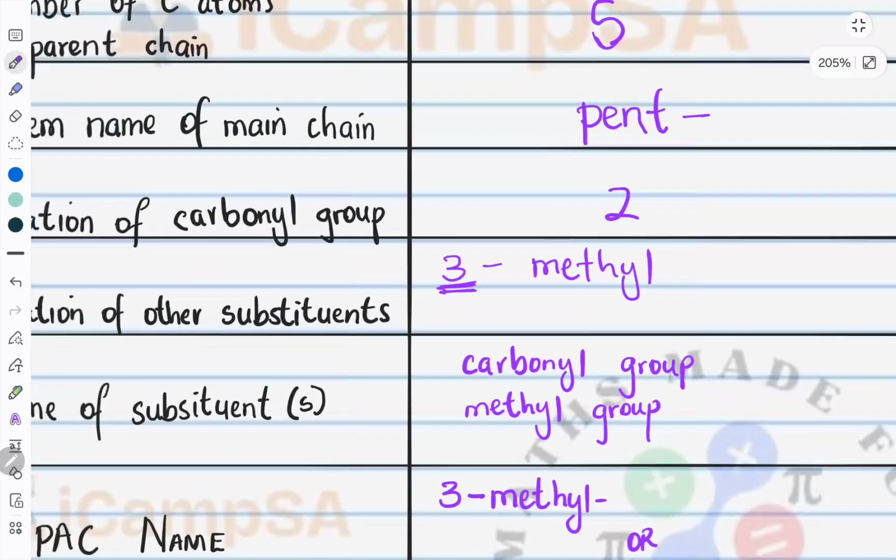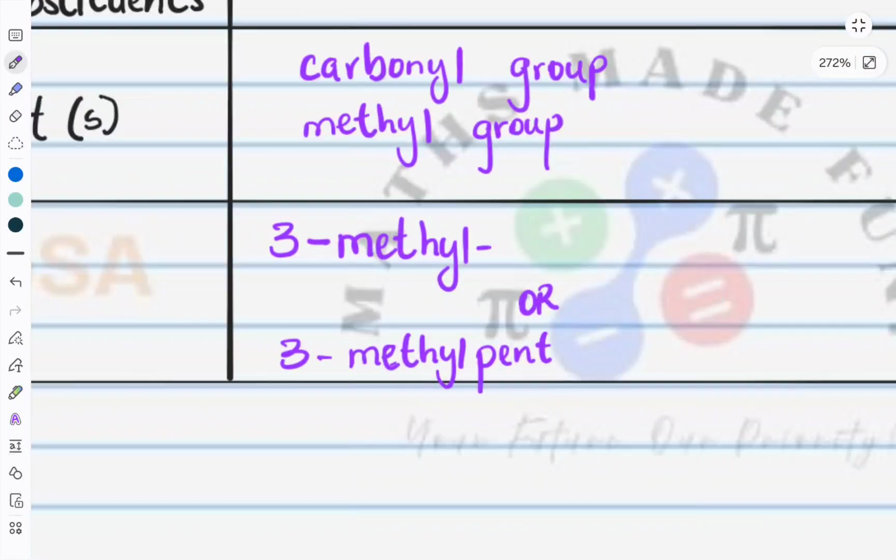The carbonyl group is located on carbon atom number 2, so it has to be 3-methyl-2-pentanone. Sorry about that one. And then here you would instead say pentan, and then we mention the location of your carbonyl group, which is 2, and then you put ONE at the end, which is your suffix. So this is also acceptable.